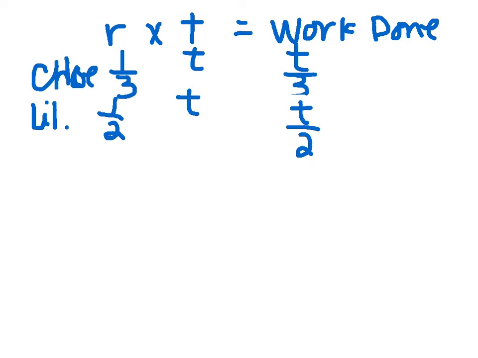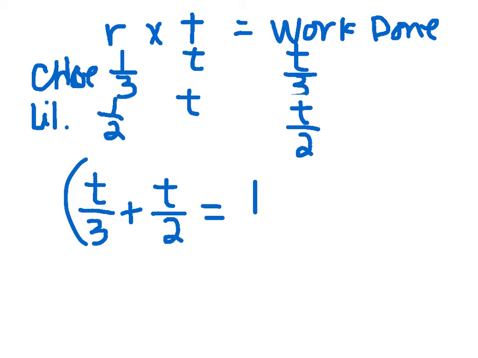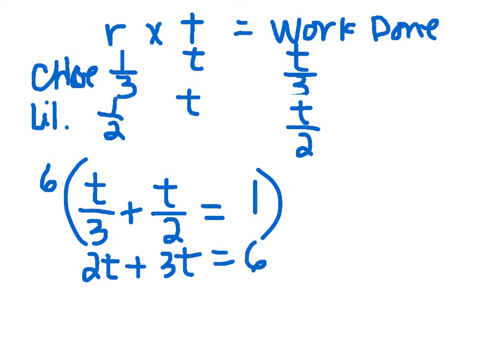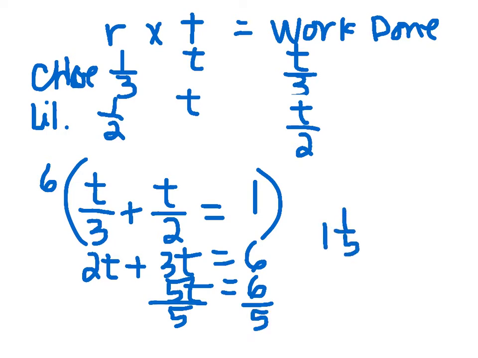However you think of it, it means that t over 3 plus t over 2, Chloe's work plus Lillian's work, has to equal 1. From there, it's dead easy. 2t plus 3t equals 6. 5t equals 6. t is 6/5, which is 1 1/5 hour, and you do need to know that that is 1 hour and 12 minutes.